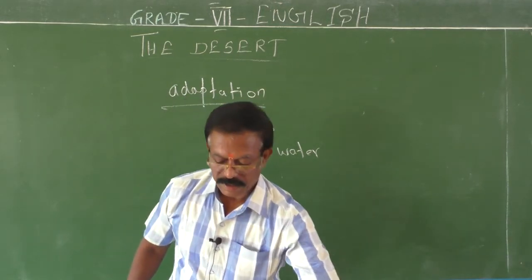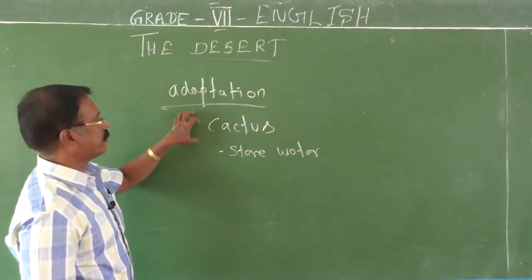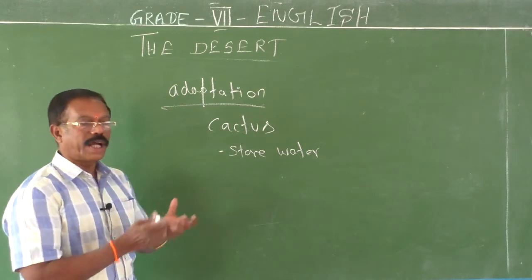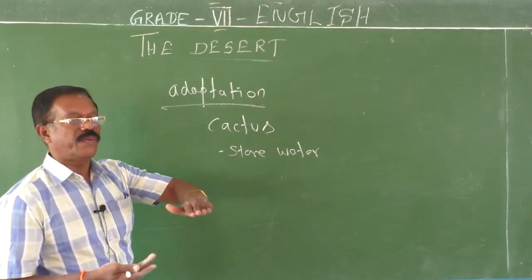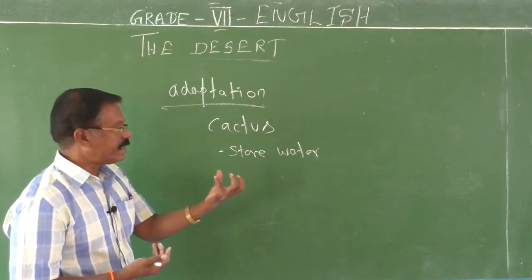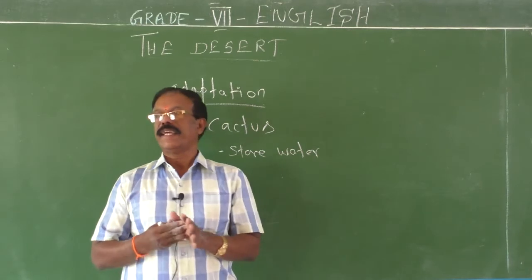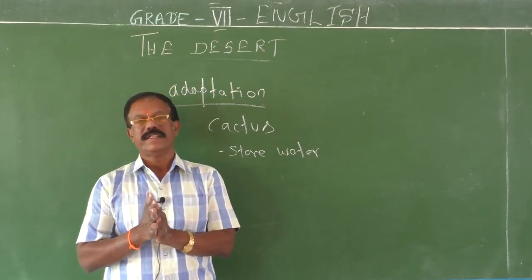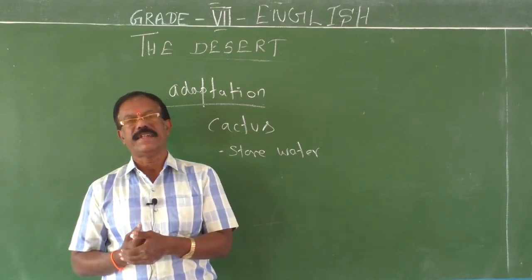See, the creation of God is a wonderful one. Cactus, like many other desert plants, don't have deep roots, and the roots are found at the surface level. So they can easily absorb the scanty rainwater. They experience only very rare rainfalls, so the rainfall is very scanty.